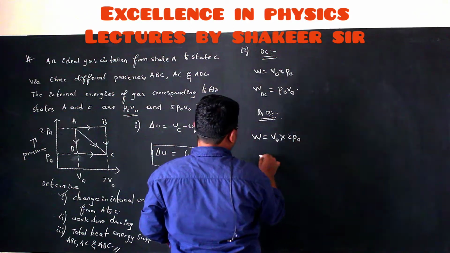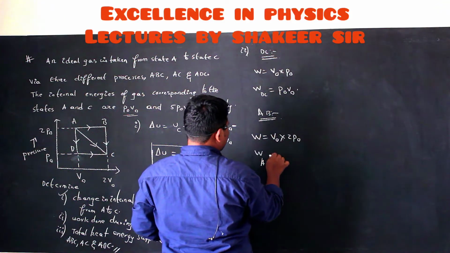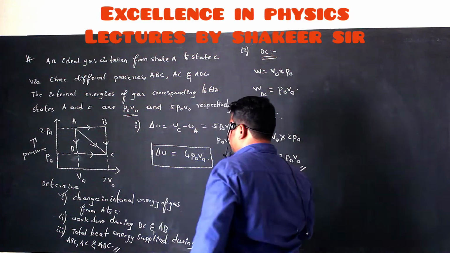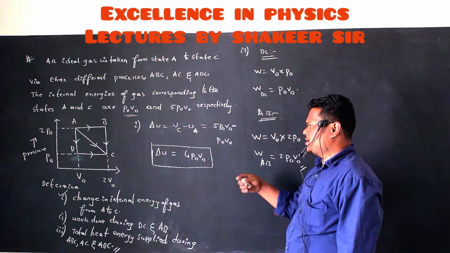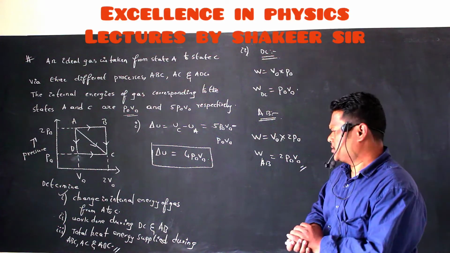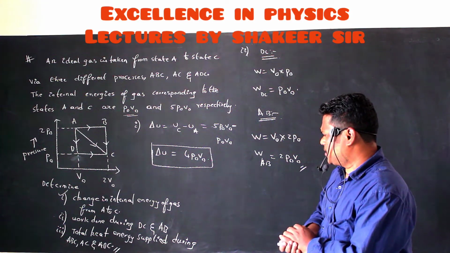Therefore, the work done under the A to B graph will be 2 P0 into V0. So this will be the amount of work done. Just the area under the pressure and volume graph gives the work done. This we have already discussed many times.